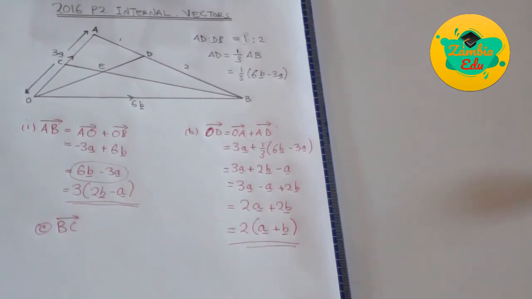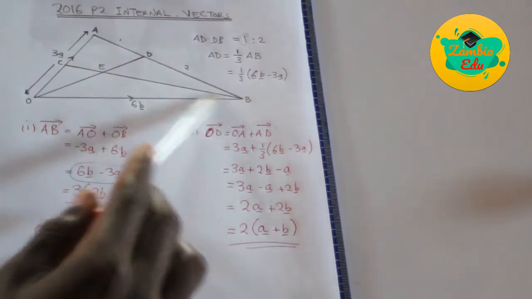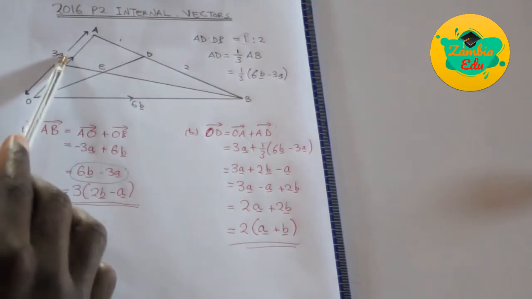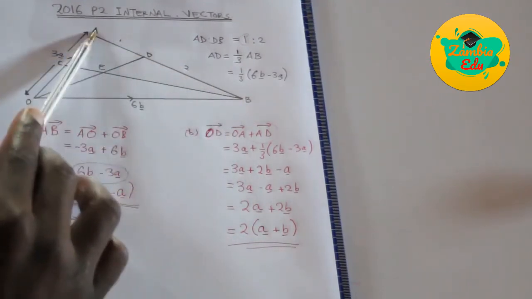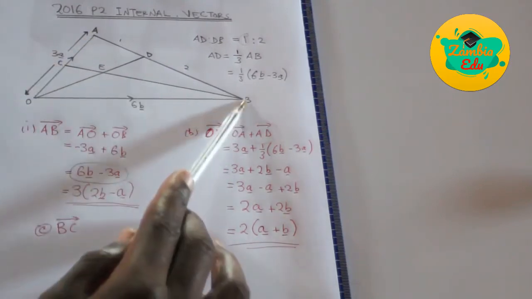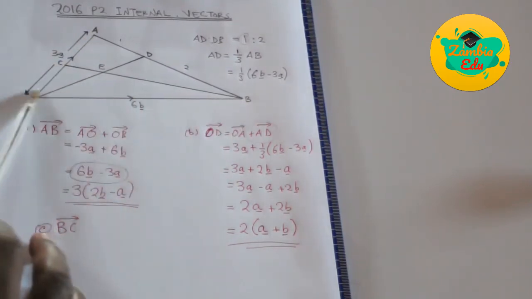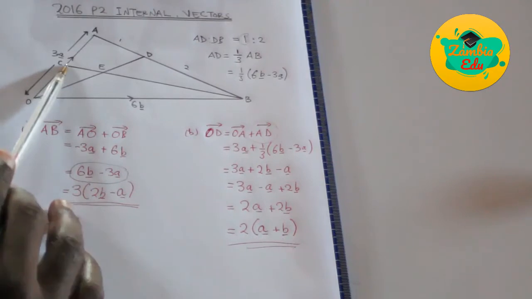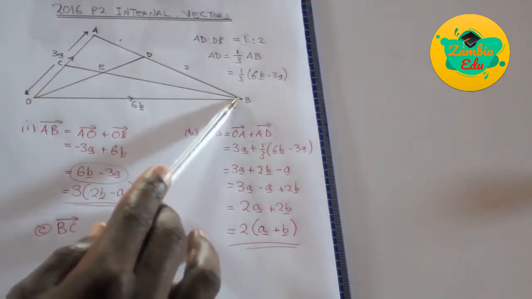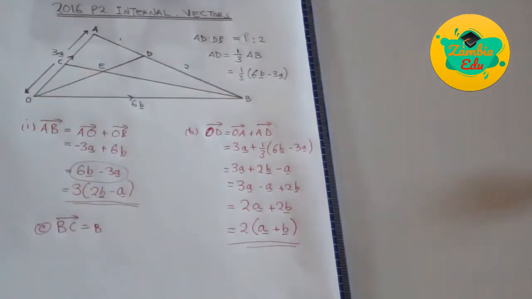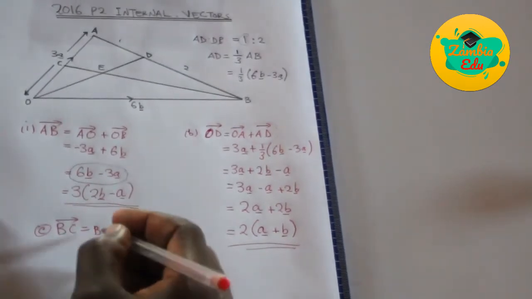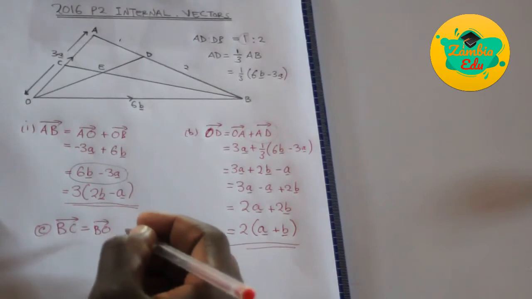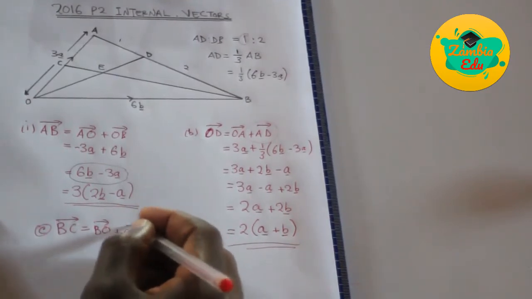For us to be able to get BC, there are quite a number of routes. We can use B, A, then A, C, or we can use B, O, then O, C, or we can use B, D. We go with vector BO, then O to C.